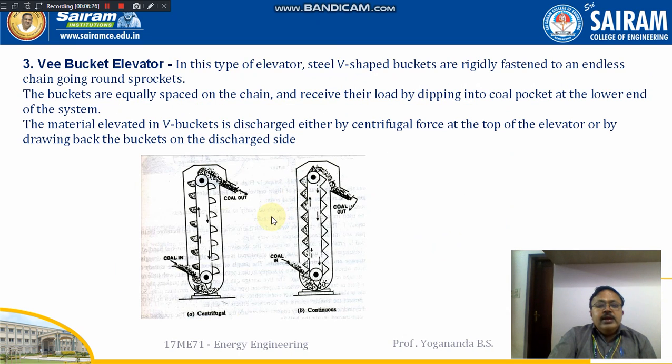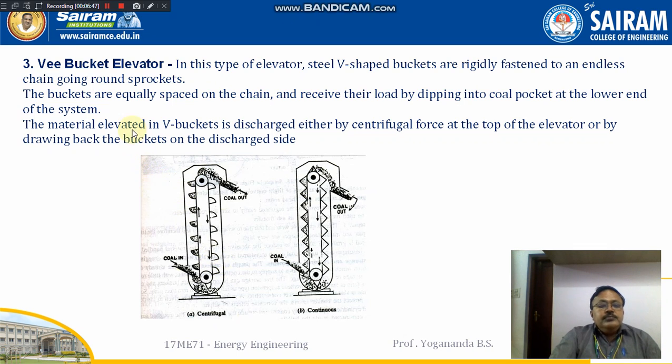V bucket elevators. The name itself says that it is consisting of steel V-shaped buckets which are rigidly fastened to an endless chain. Here also the chain is having the support at the two ends on rollers.